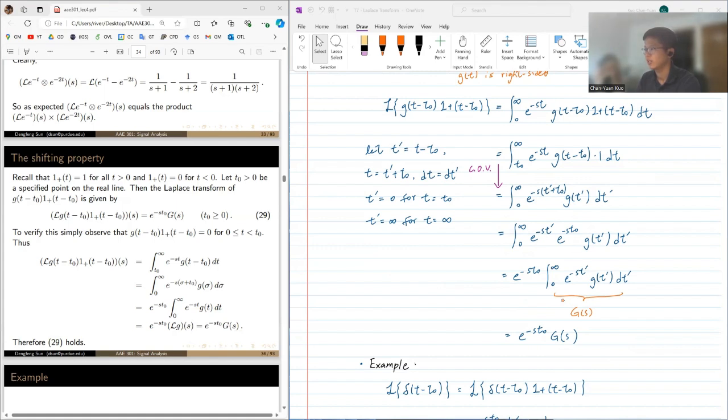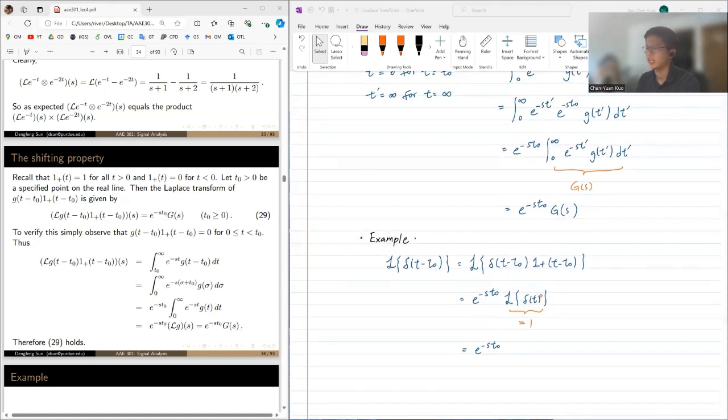And you will see that this term here is just the Laplace transform of g. And so we see that the Laplace transform of the delayed copy is just going to be e to the negative st0 times the Laplace transform of g.